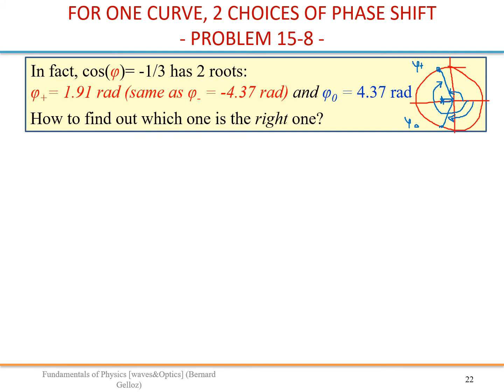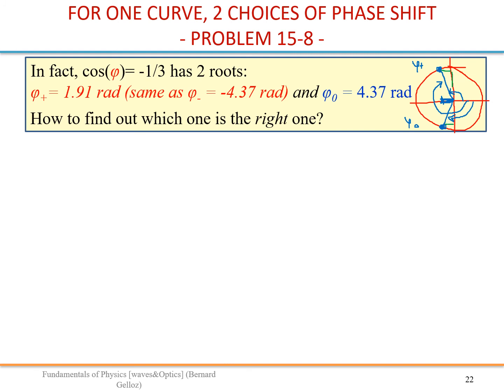Okay, so how to find the right one? Now you have to use your brain, maybe. So we have two solutions. We have to find something that differentiates these two solutions. And one thing that is different is their sign.